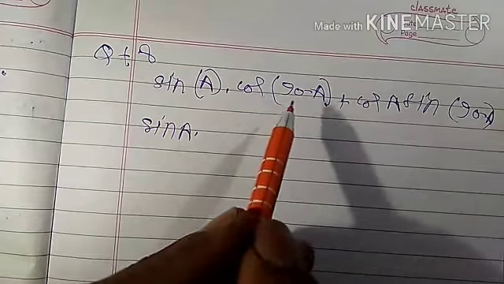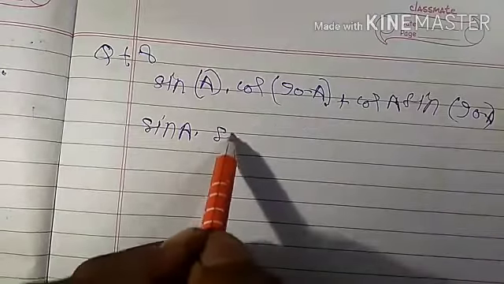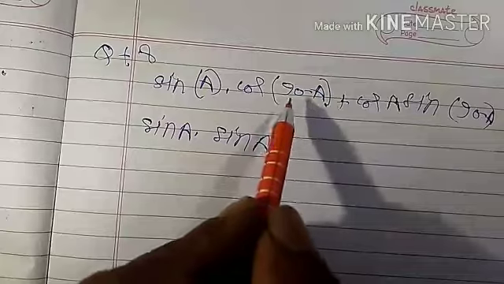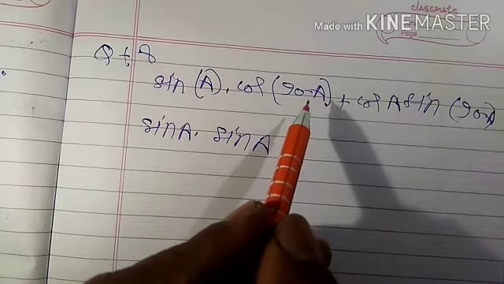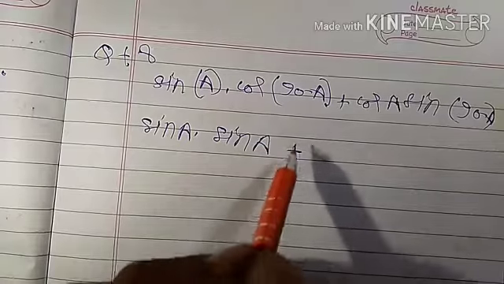So for 90 − θ the functions are changed, cos changes to sin, so sin A, and 90 − A is in the first quadrant where all functions are positive, so sin A plus.